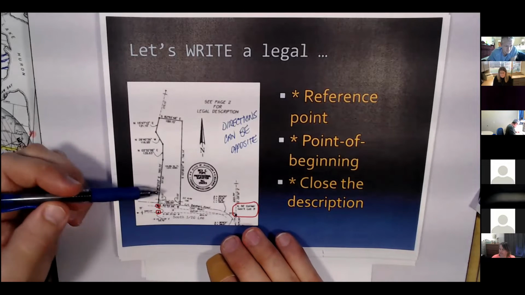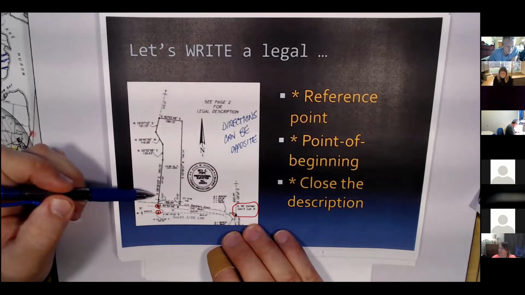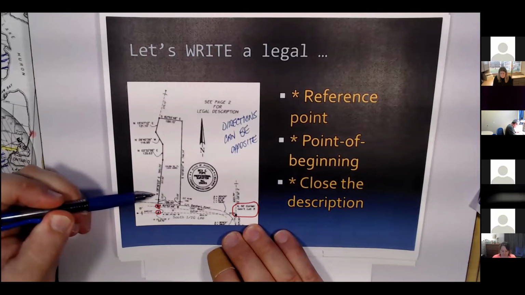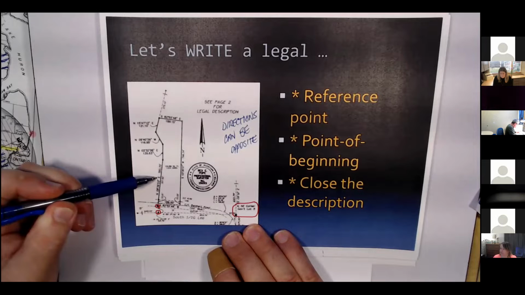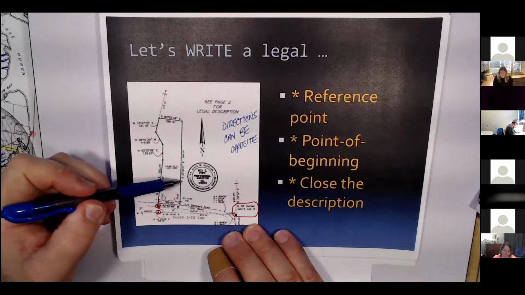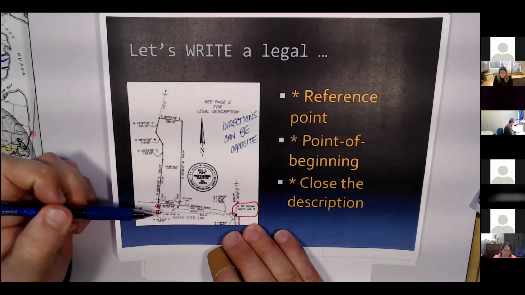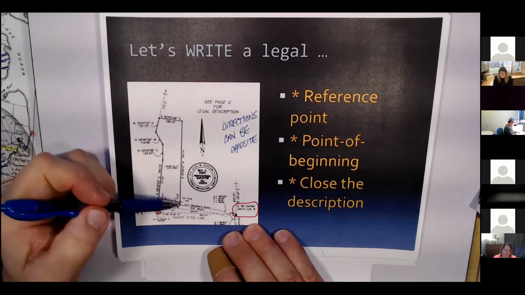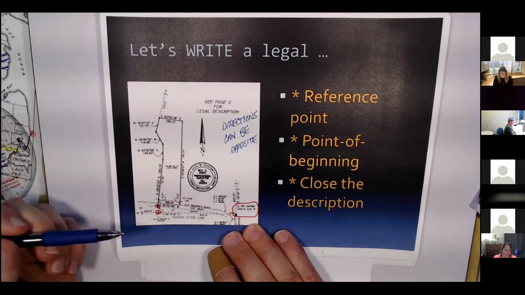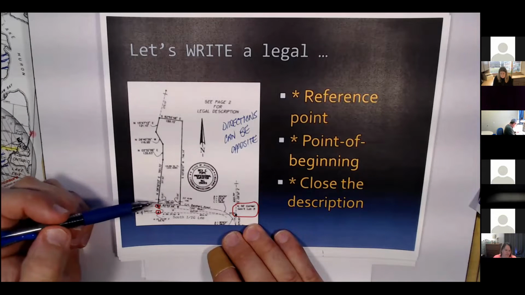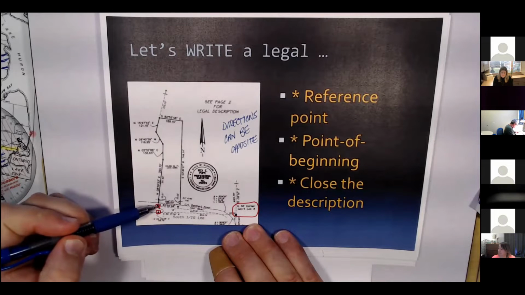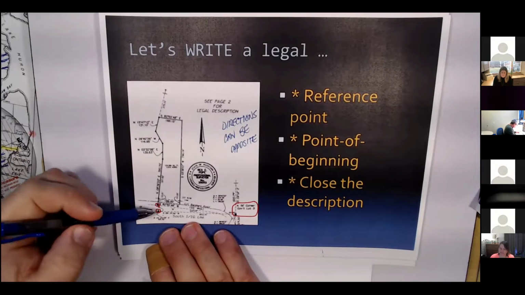What you're going to notice here, and what I want to point out so that you don't get confused by this if you're ever looking at one of these, you'll notice that this line is north 8 degrees east, and this one is south 3 degrees west. And you're thinking to yourself, well, gee, they both kind of run the same angle. What's up with that? Why aren't they described the same way? What's going on here is because this is the point of beginning of our description.